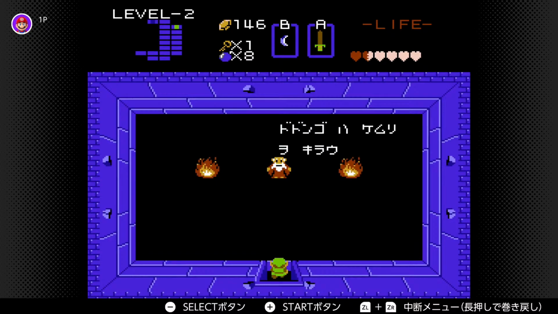who tells us that Dodongo wa Kemuri o Kirau. Dodongo is the name of the enemy, as you know, if you have ever played practically any Zelda game, as they're in quite a lot of them.